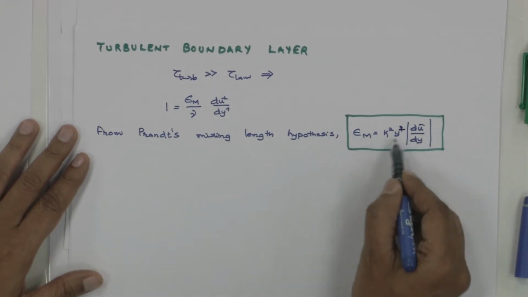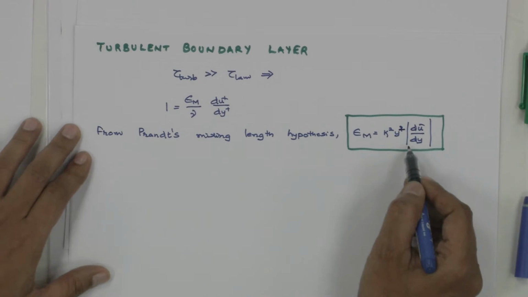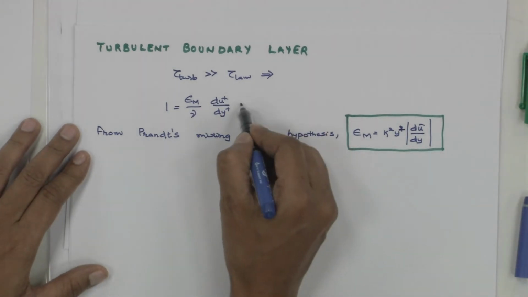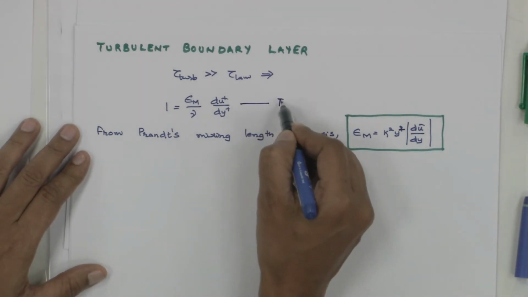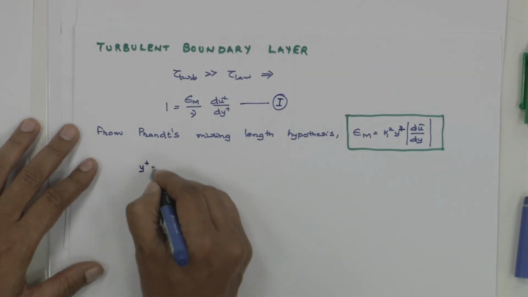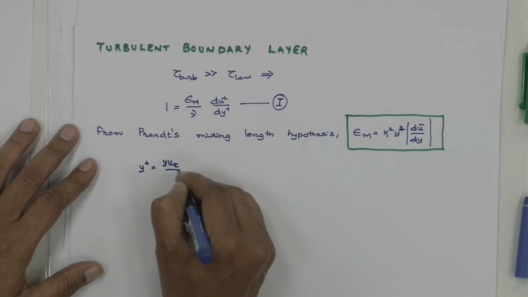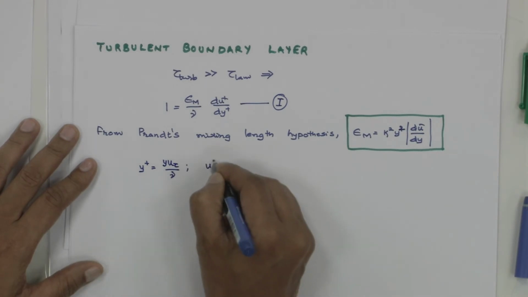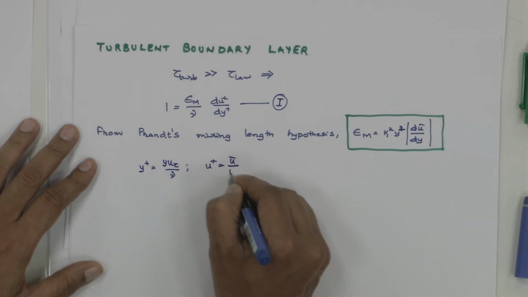I need to convert this y and u in terms of pluses before I substitute this in equation 1. Okay. So, I recall y plus equal to y u tau by nu and u plus equal to u bar by u tau.